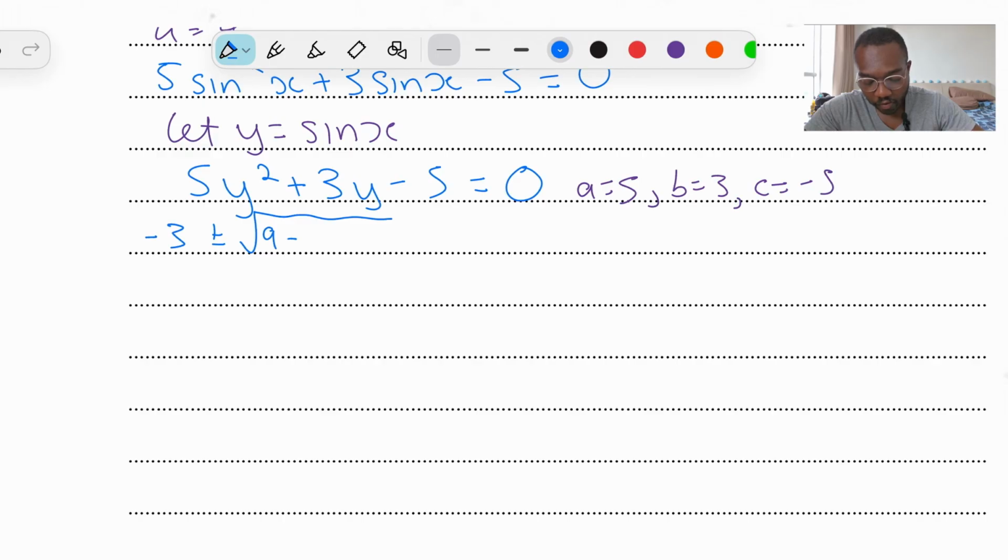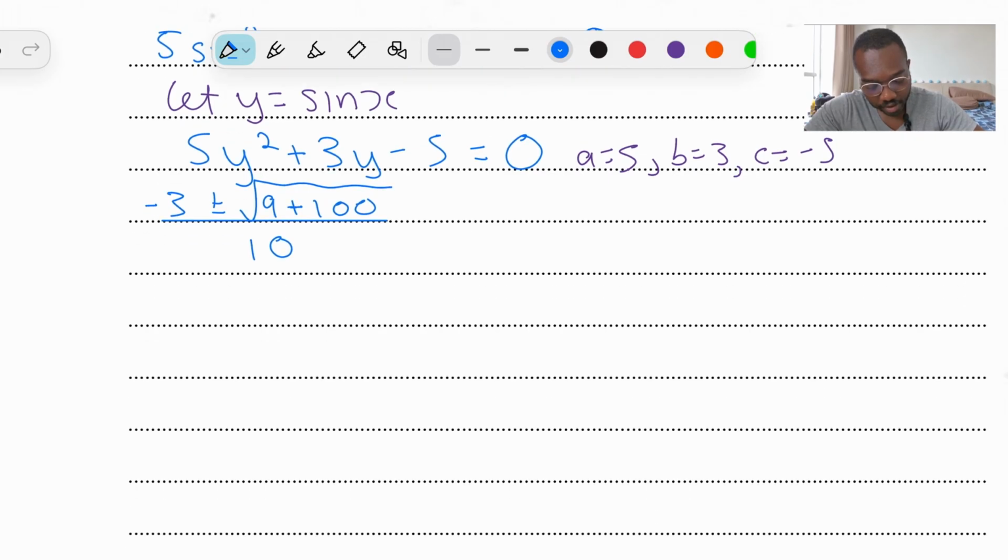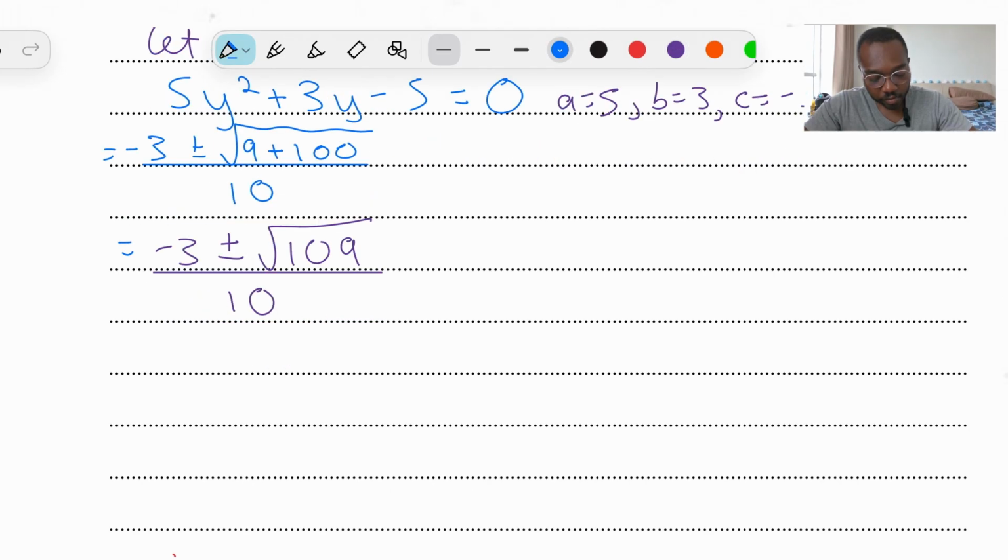So minus 4 times minus 5 is a positive 20, times 5 is a positive 100, and that is over 2a. So 2 times 5 is 10. And therefore, our two values would be minus 3 plus or minus the square root of 109 over 10. So what does this mean?